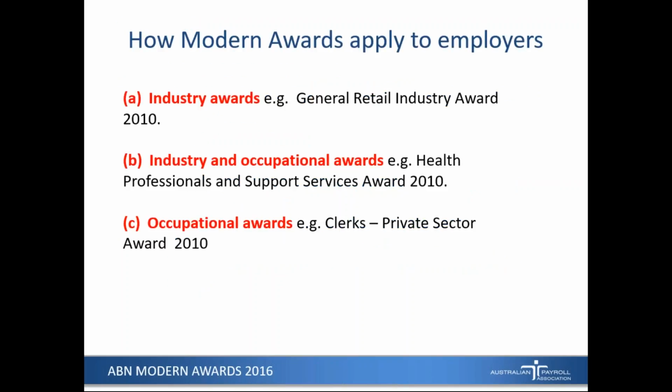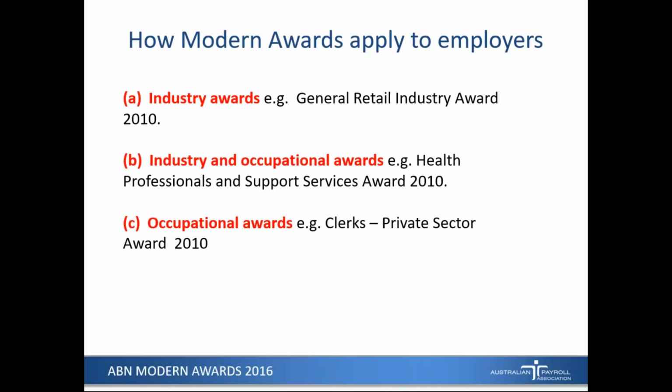This is the hard part, really, once again, because you're not necessarily working for the employer and know the ins and outs and the operations of the business. But generally, modern awards apply to employers in one of 3 possible ways: under an industry award, under an industry and occupational award, or simply an occupational award. And from what I understand, they still are transitioning some new awards.